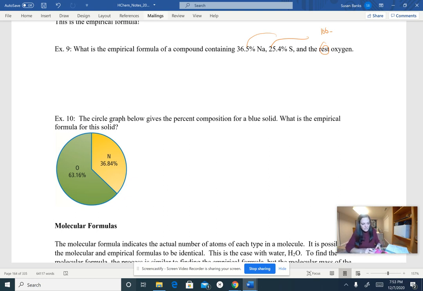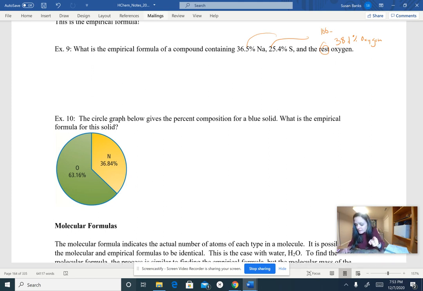So I'm going to take 100 and subtract 36.5 and also subtract 25.4. That gives me 38.1. So I know I have 38.1% oxygen. Okay, so that's how we're going to start.